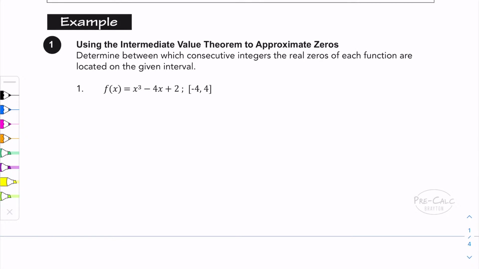In the first example set, we're going to use the intermediate value theorem to approximate zeros. The directions tell us to determine between which consecutive integers the real zeros of each function are located. Quick reminder, when it's asking for consecutive integers, it's asking you for x values.